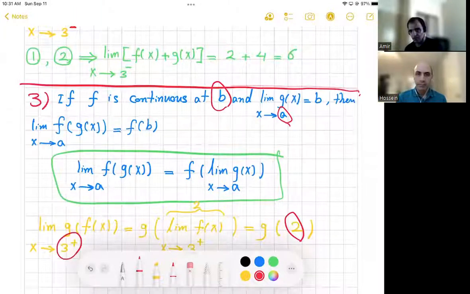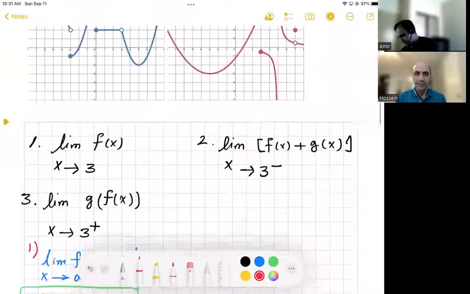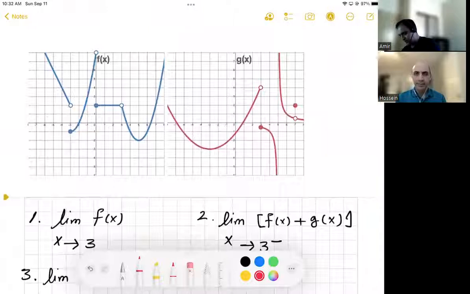In our case, a is 3 from the right side. So when we first look at the graph, for the limit of g of f of x at 3, we may say g of x is not continuous at 3, but that is not the deal, because g of x should be continuous at the value of the limit of f of x, which is inside the g of x.